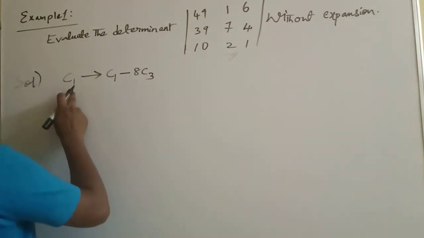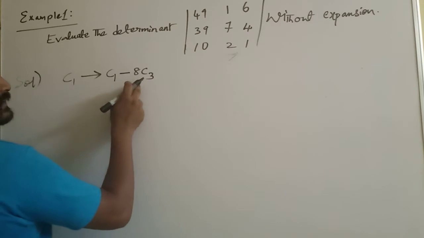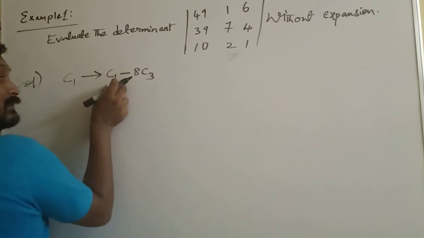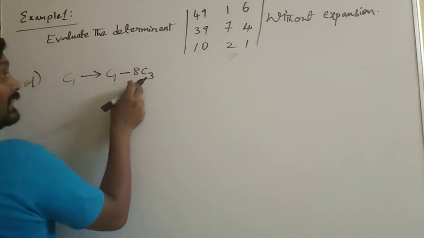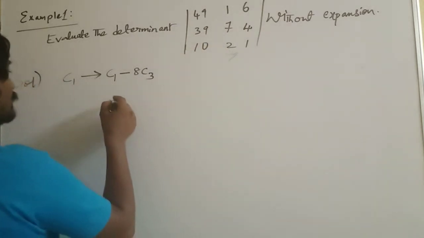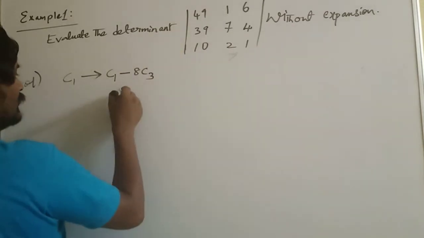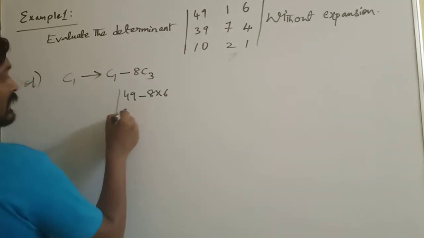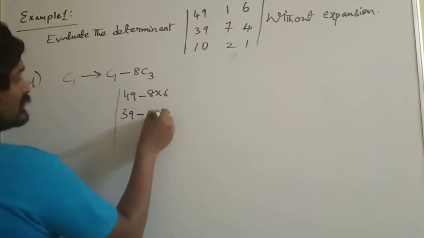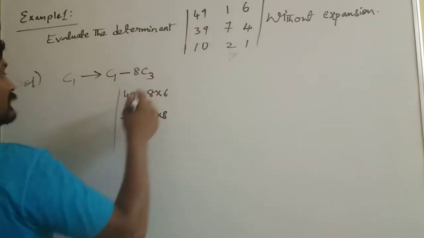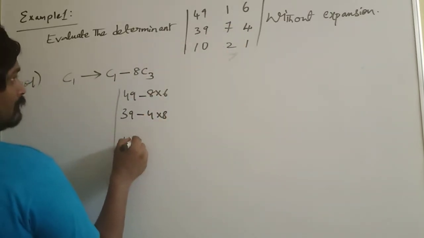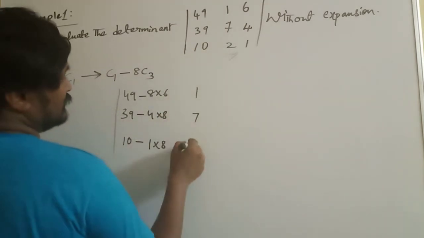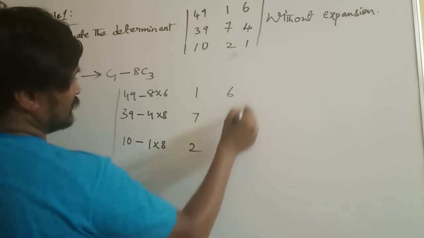So this is C1 tends to C1 minus 8 C3, which means C1 is subtracted with 8 into C3. So let me do that. Now 49 minus 8 into 6, 39 minus 4 into 8, next 10 minus 1 into 8. So then 1, 7, 2, 6, 4, 1.